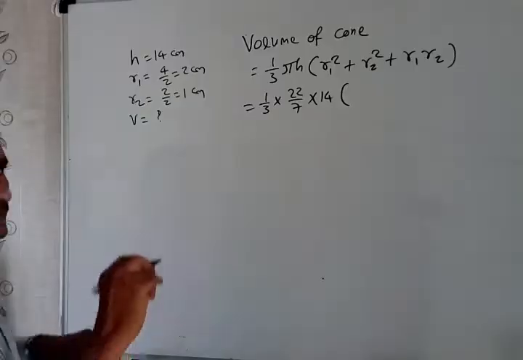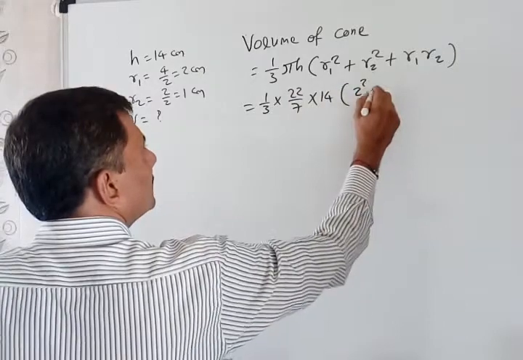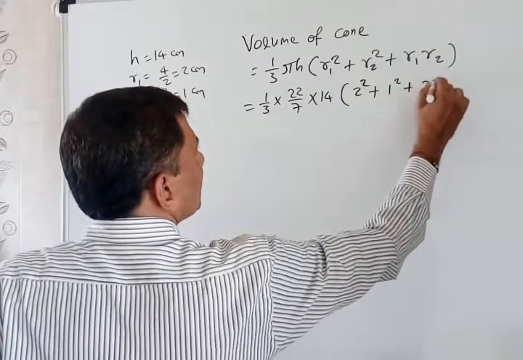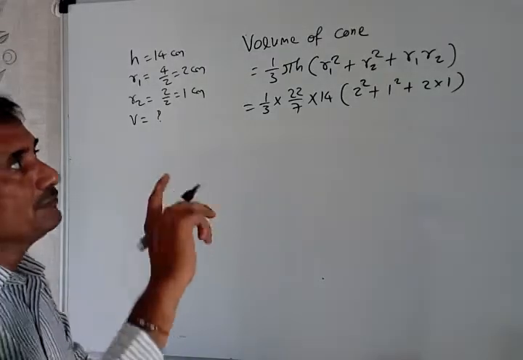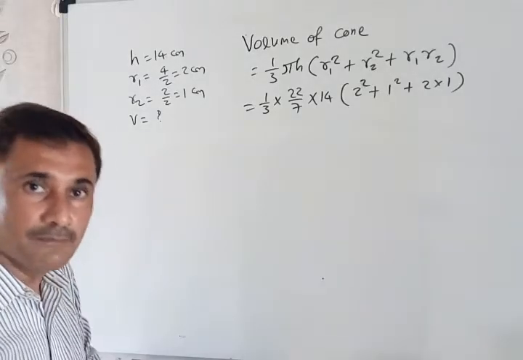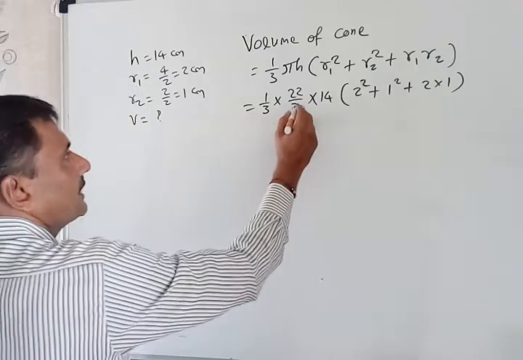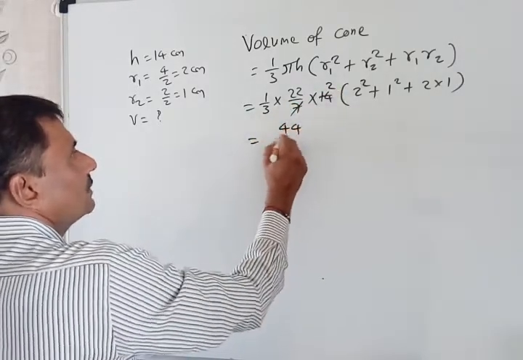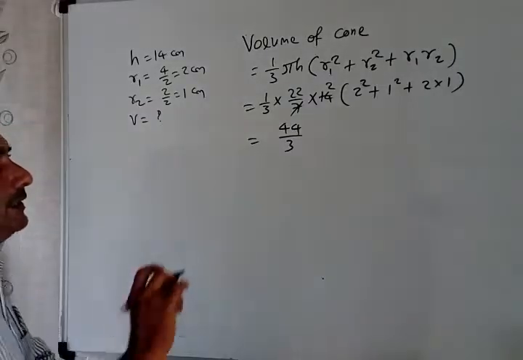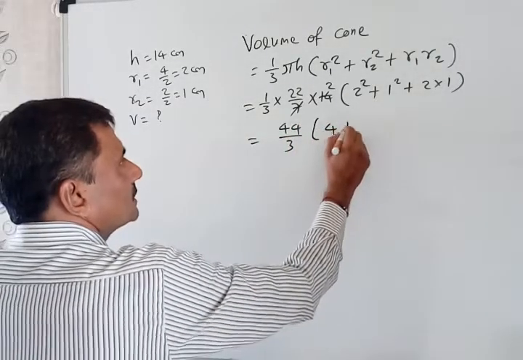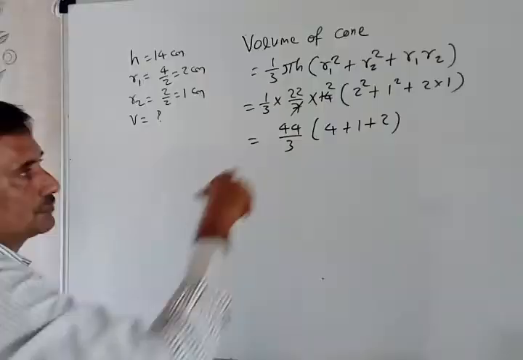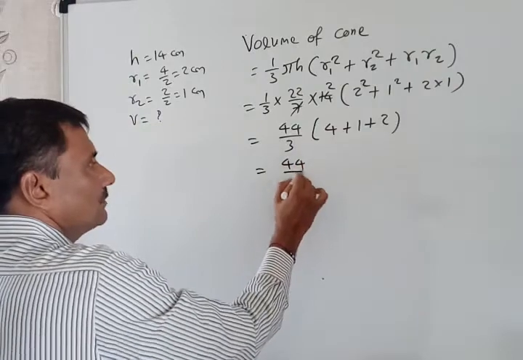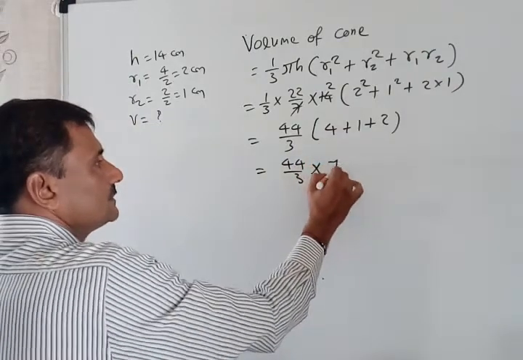Here r1 square, so it is 2 square, r2 1 square, and here is 2 multiply 1. r1 r2 means r1 multiply r2. Now just simplify it. 7 into 14 is 2, so it is 44 upon 3. Okay. Now it is 4 plus 1 plus 2. 2 square is 4, 1 square is 1, 2 times 1 is 2. So 44 upon 3 into 7.